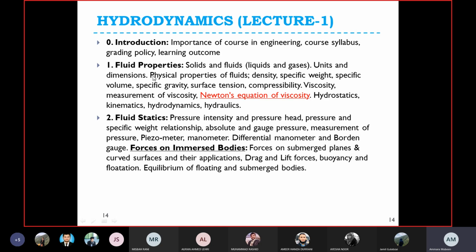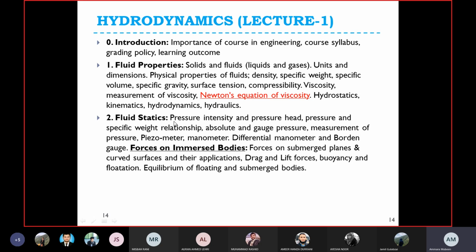In the first lecture, we shall be discussing fluid properties. In the second lecture, maybe we will be covering many topics regarding the fluid statics. And you might have known the definition of fluid statics. As the name implies, fluid statics is the study of fluids in stationary conditions.